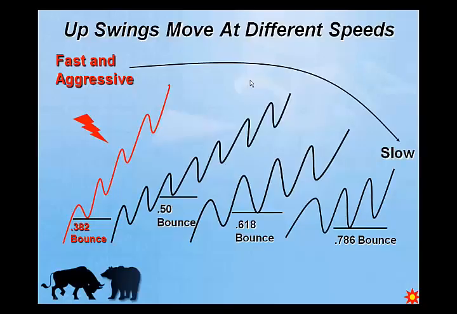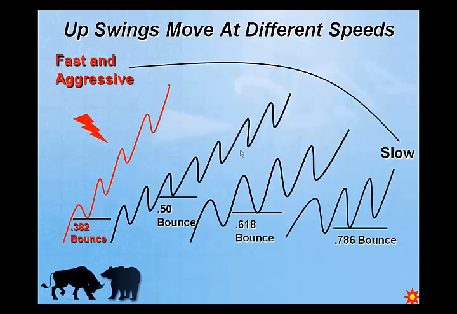Now, the swings, depending if it bounces at a 382, 50%, or a 618, is going to depend the speed. A 382 bounce is the least probability of going to an extension, because most of the time the market wants to look at that 50% or that 618 bounce. But if it does go to an extension, it's the fastest. It's going to bounce and it's going to go fast.